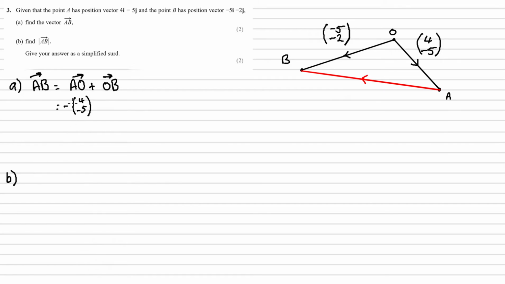That negative sign is just to show that we're going back along the original direction of this vector. And then to this we are adding the vector from O to B, which is minus 5i minus 2j.